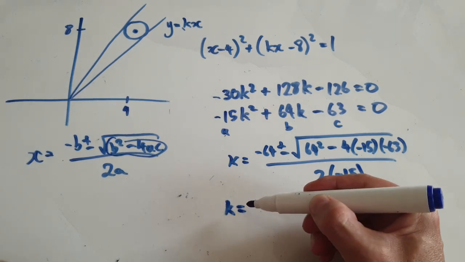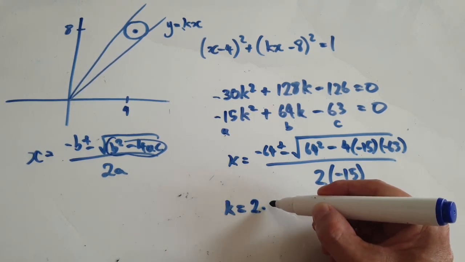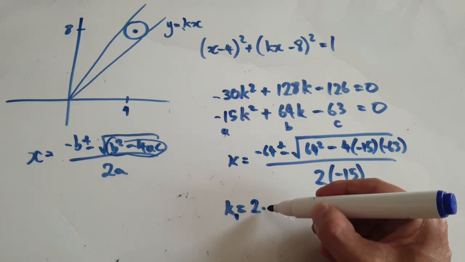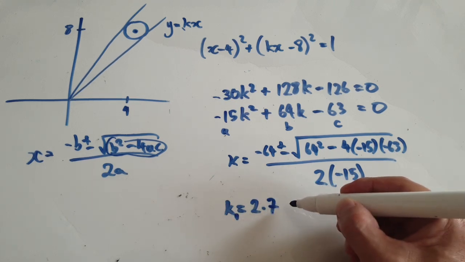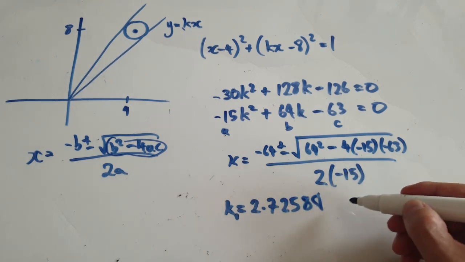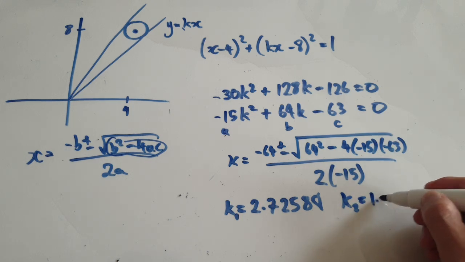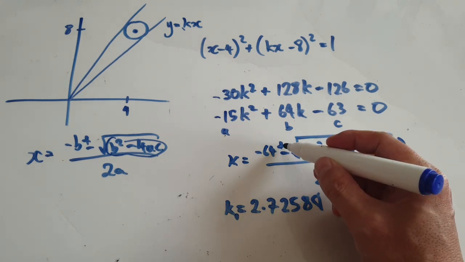K happens to be, I did it earlier, K1 equals 2.7258. K2 equals 1.540079, because you get two answers here, plus minus.